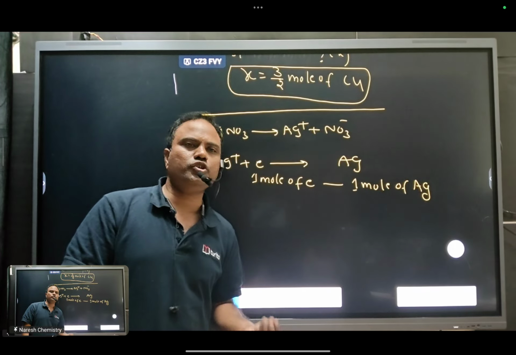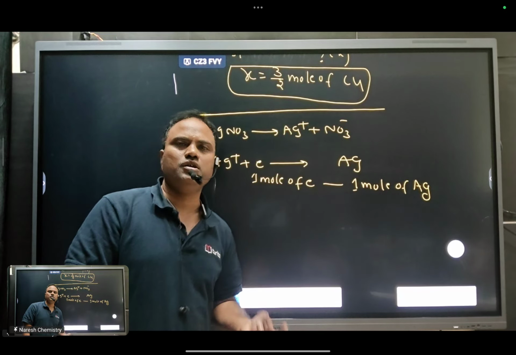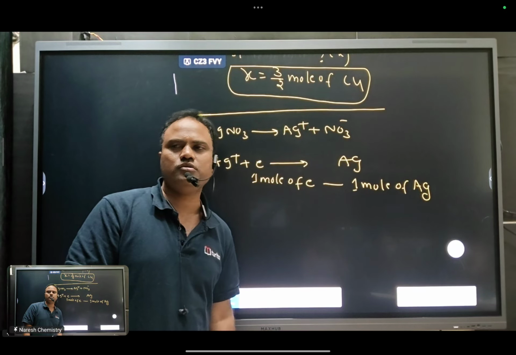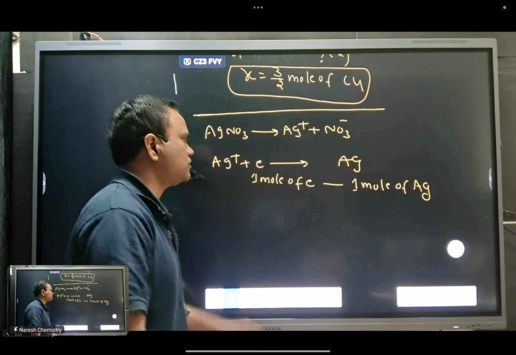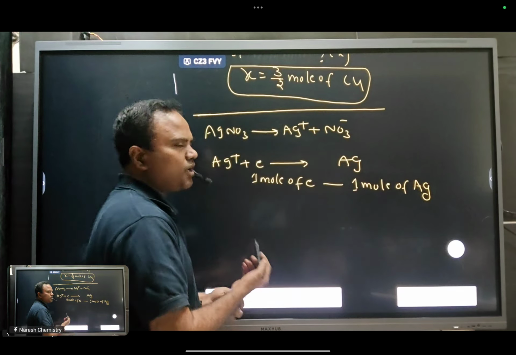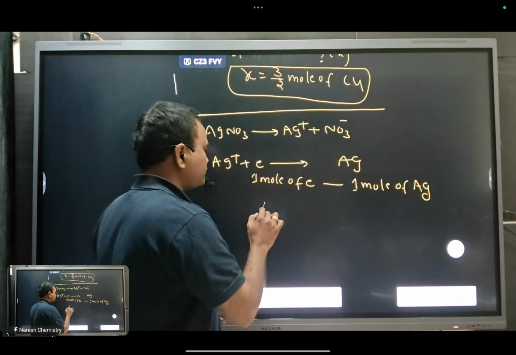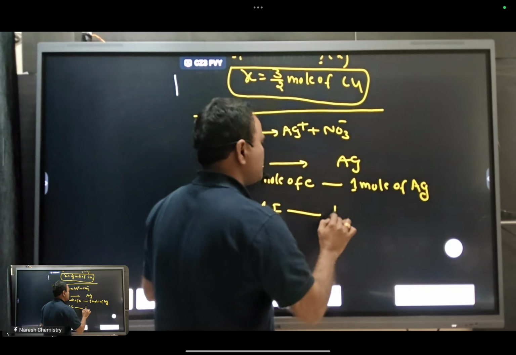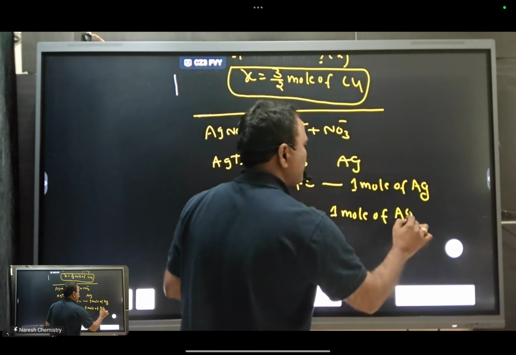If the element contains 2 units of positive charge, you have to use 2 moles of electrons. If the element contains 3 units of positive charge, you have to use 3 moles of electrons. 1 mole of electron means, according to the first law, 1 Faraday. 1 Faraday deposits 1 mole of silver, 1 mole of Ag.